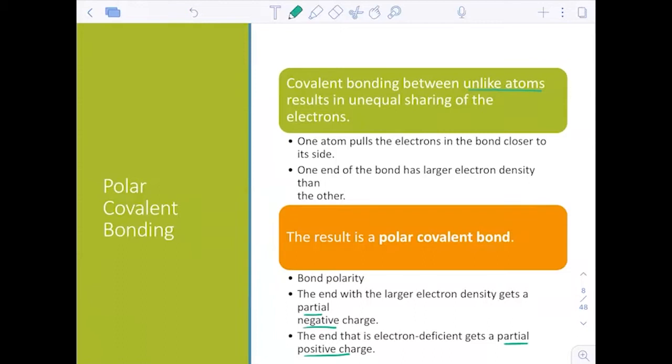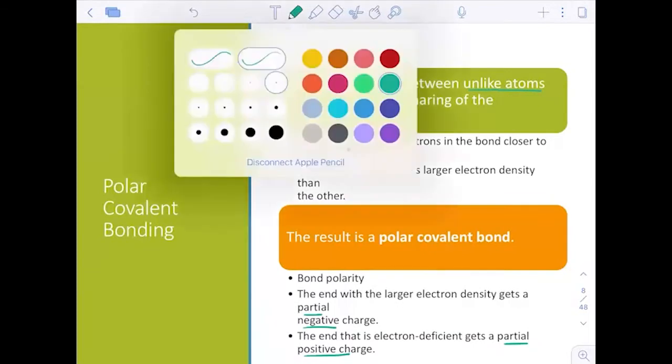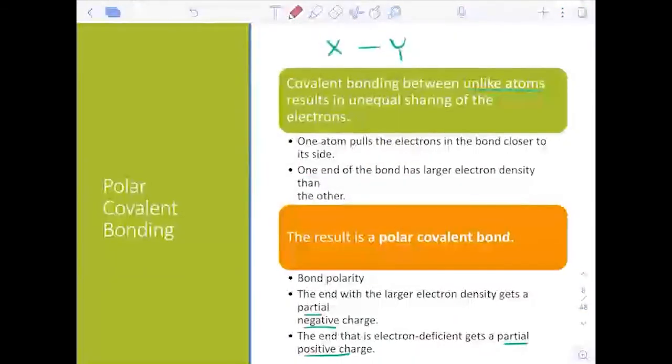What I wanted to get into just briefly is that idea that if an atom pulls the electrons more, let's just say atom X versus atom Y, and let's say that atom X likes the electrons more, and so they start shifting over to it. Atom X is going to have a partial negative charge. That partial negative, again, isn't a full negative.